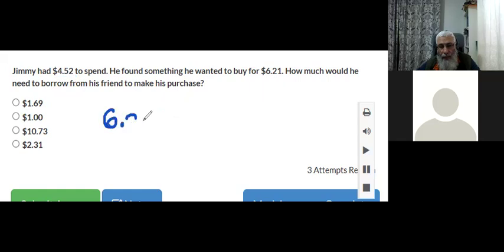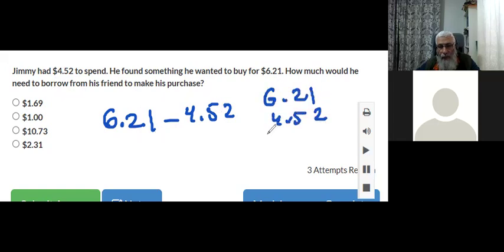So we subtract this minus this: 6.21 minus 4.52. It is something less than 2, so it is not 2 because 21 is less than 52. It is not 10. It is not 1. What did you say the answer? 1.69. Yes, this is correct.